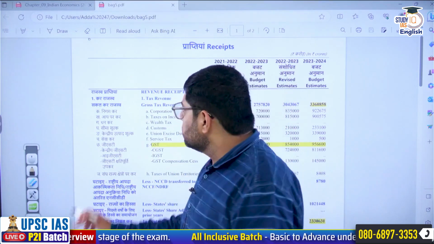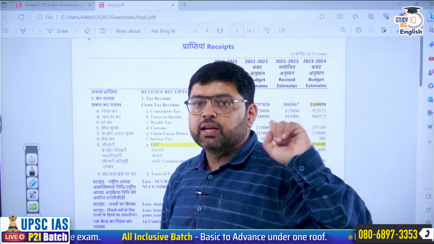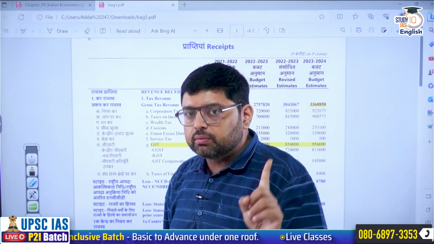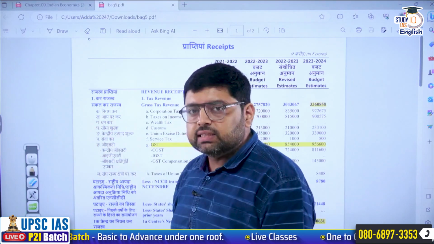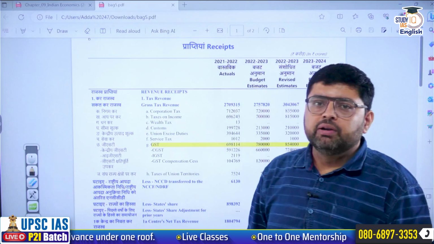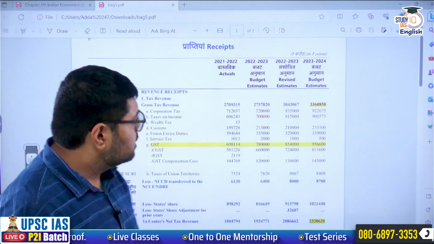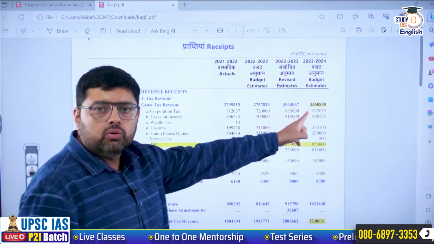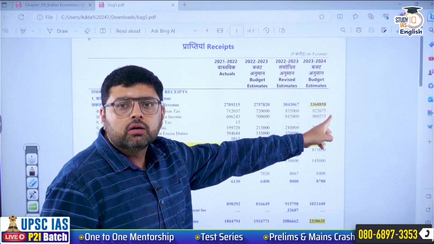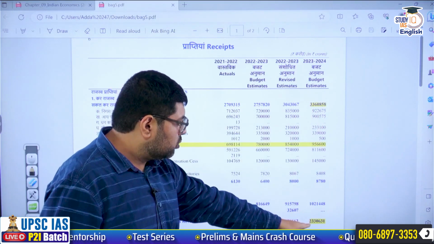See, it has been mentioned as gross. Remember the Finance Commission. One of its mandates is that whatever tax is collected and levied by the center has to be divided between the center and the states. So this 33 lakh crores in front of you does not completely belong to the center. What belongs to the center is 23 lakh crores.